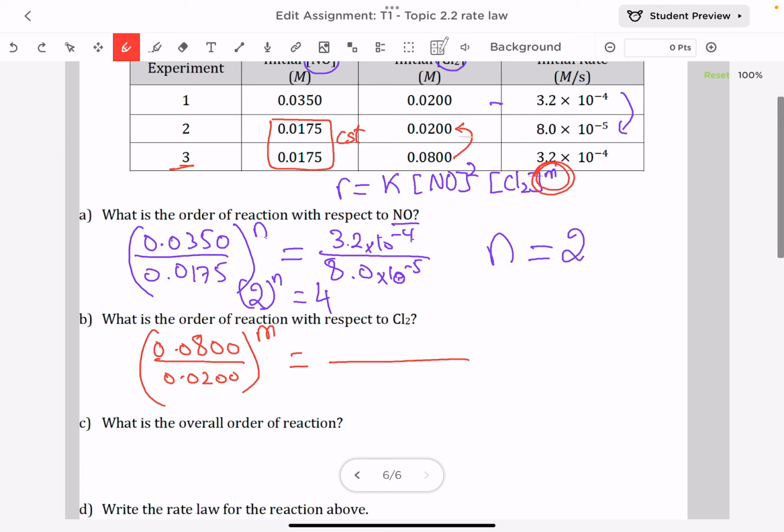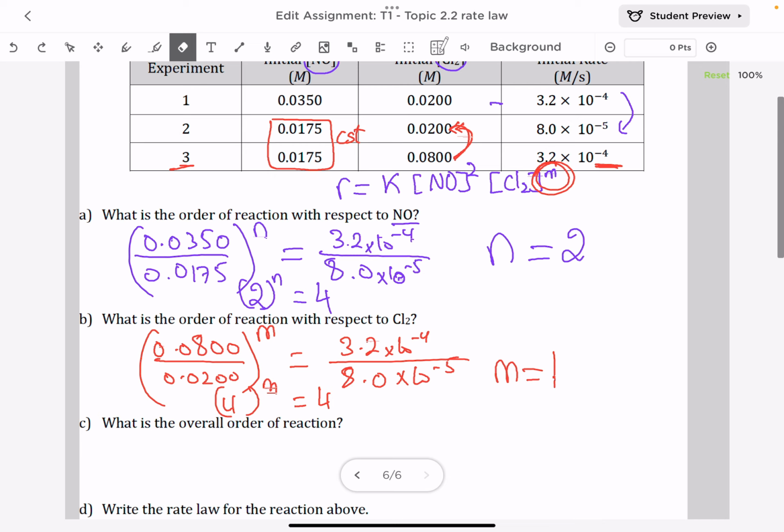Now I started with trial 3 over trial 2, so the initial rate of trial 3 over the one of trial 2. So again, that's a 4 equals to the power of M equals 3.2 times 10 to the power negative 4 over 8 times 10 to the power negative 5 equals 4. 4 to the power of what equals 4? Meaning M is 1. And now I know that Cl2 is first order. This reaction is first order with respect to Cl2.